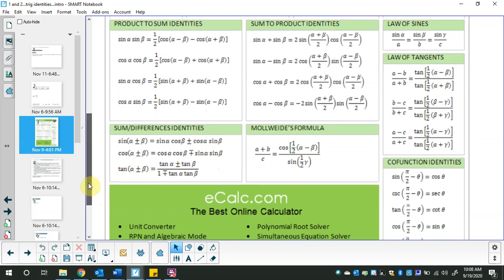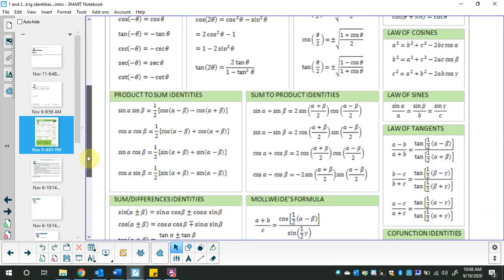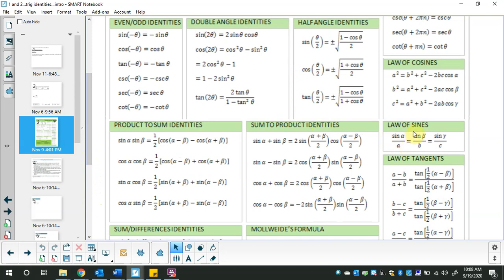Something that you've looked at already in your life in grade 10 and 11 math is the sine law and the cosine law, which are identities as well. So identities are equations that are always true. So it is always true that a squared equals b squared plus c squared minus 2bc cos of an angle.